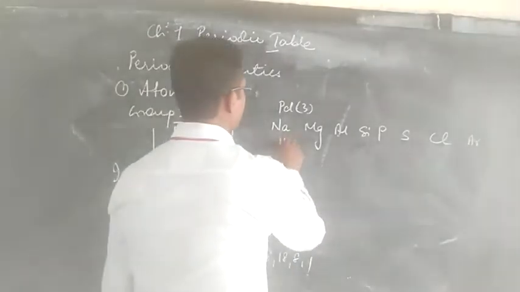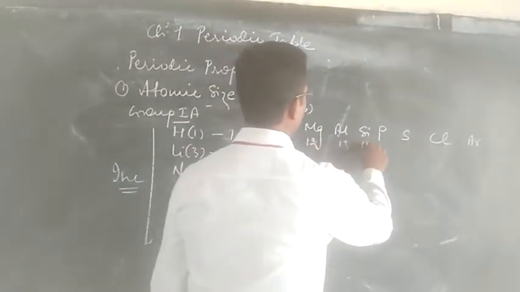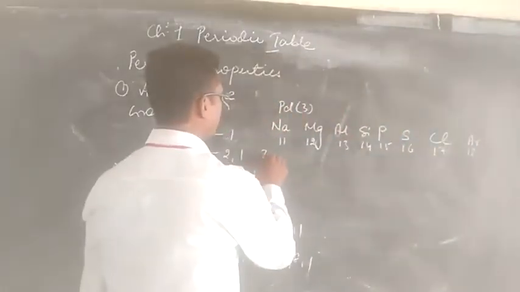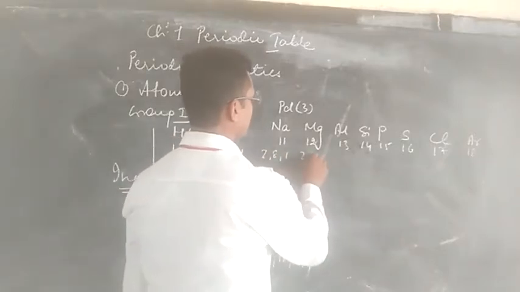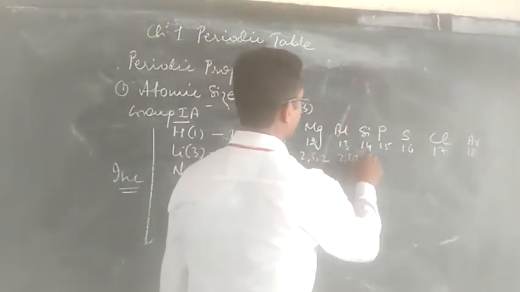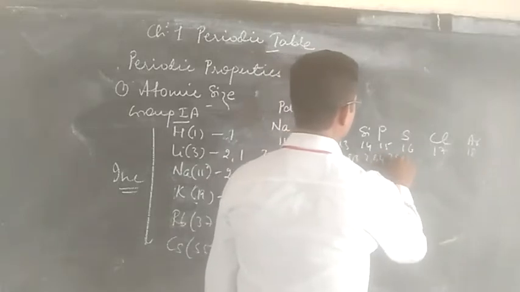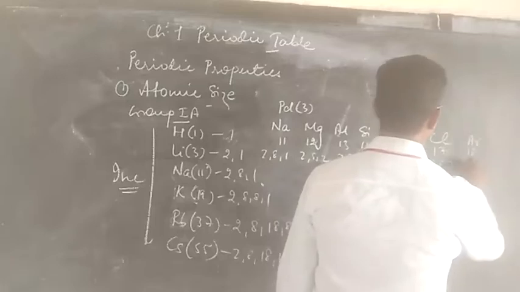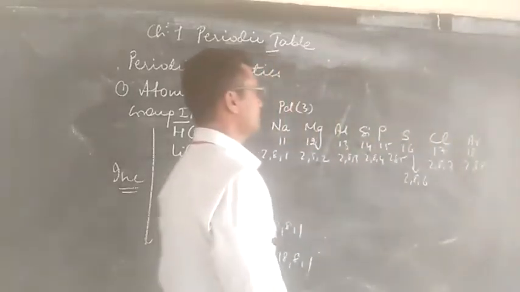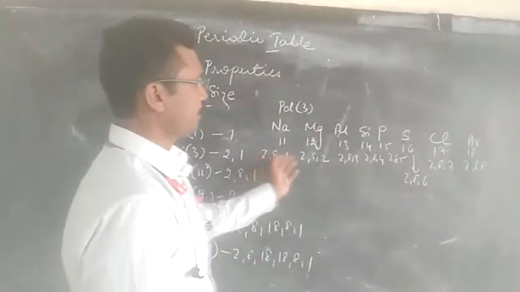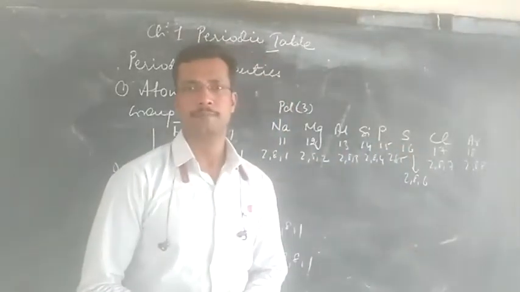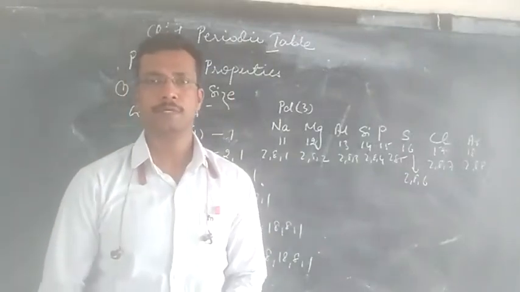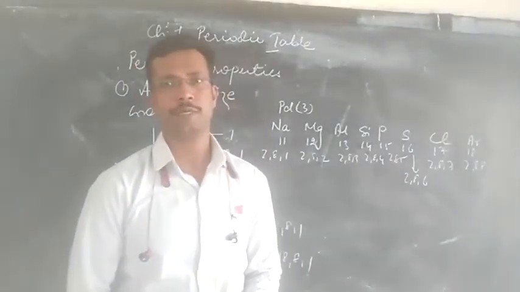Now when you write the atomic numbers 11, 12, 13, 14, 15, 16, 17 and 18, we find their electronic configuration, that is, the number of shells remains the same. 16 is 2,8,6, then 2,8,7, 2,8,8. So as you move across the period, the number of shells remains the same. According to this, there should not be any change in the atomic size.